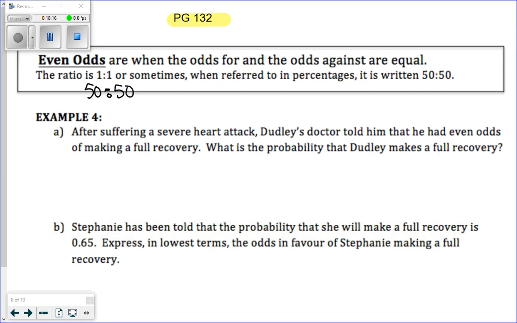So in other words, the first number is the probability in favor, and the second number is the probability not in favor. Well, if that number is the same as that number, do you understand how it's even odds? Right? 5-to-5, 8-to-8, 7-to-7.